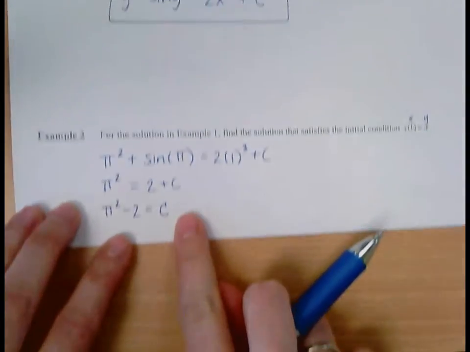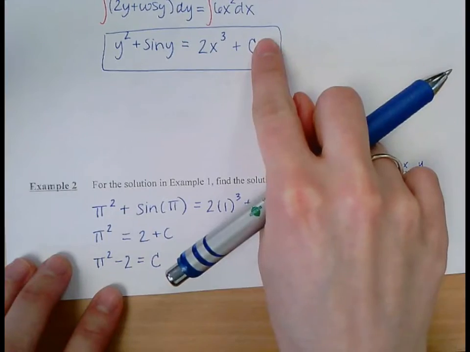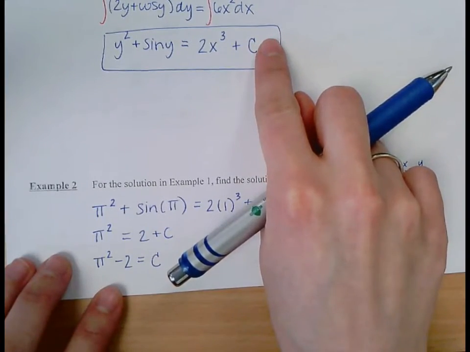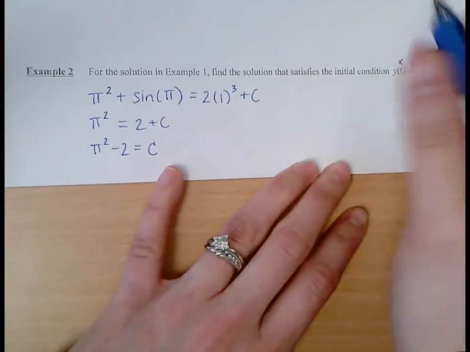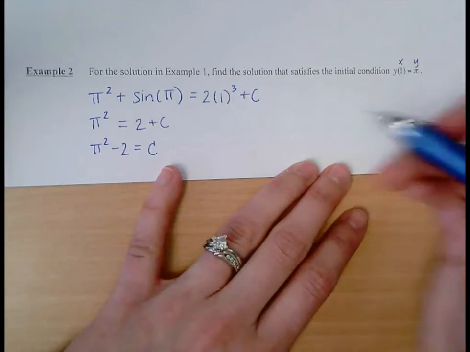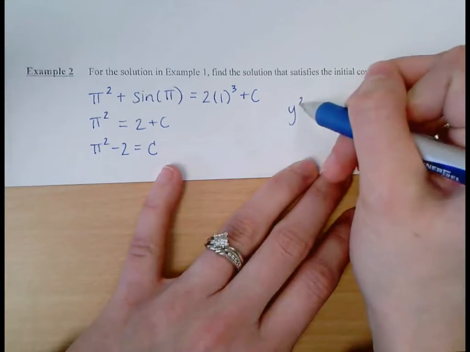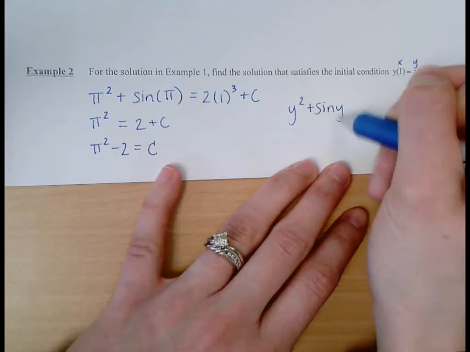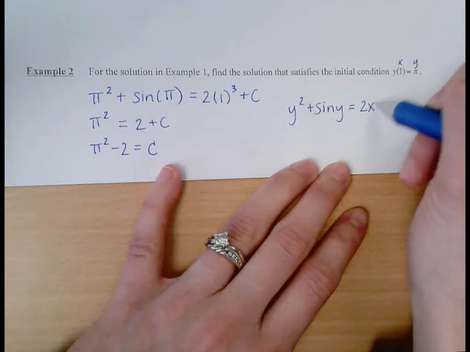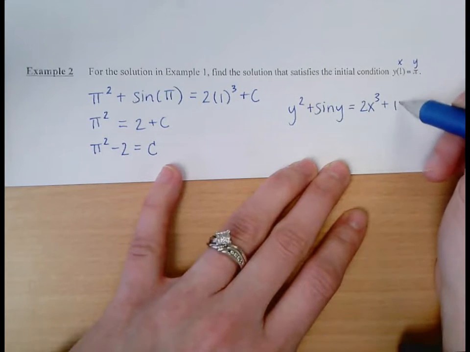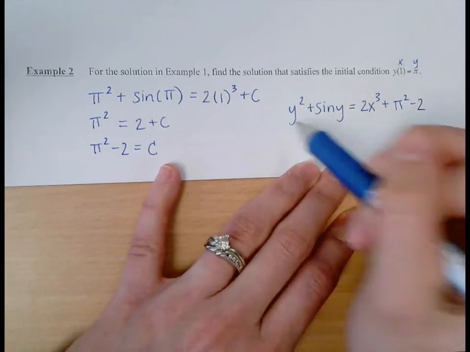Then you rewrite this solution with c substituted in. So the particular solution for this one is y squared plus sine of y equals 2x cubed plus pi squared minus 2.